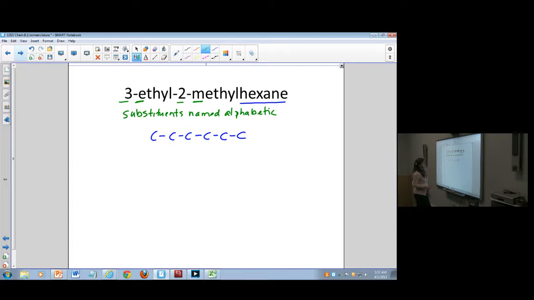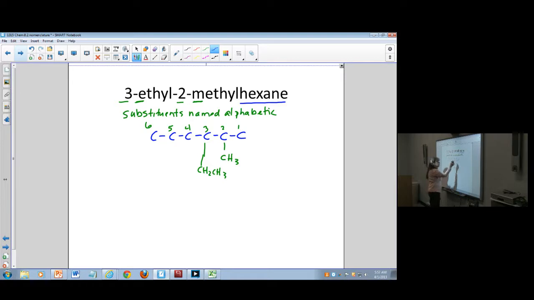All right, so let's see. I'm going to number backwards just for fun, just so you can see. This will be 5 and 6, and therefore I'll have an ethyl group, CH2CH3, on carbon 3, and on carbon 2, I'll have a methyl group, CH3. Now, before I go on, I want to see, did I change anything? Do I still have hexane as the longest possible chain?